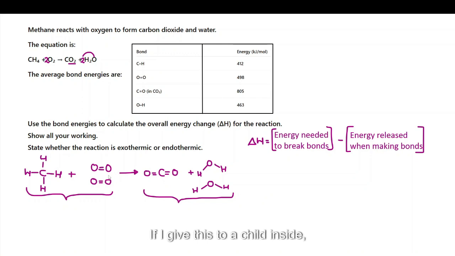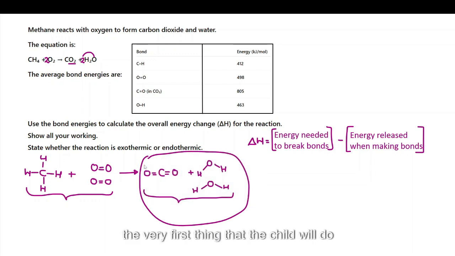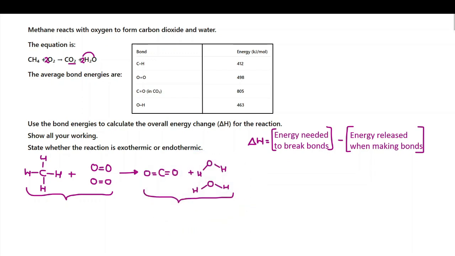If I give this to a child and say, can you make this using what I've given you? So obviously, the very first thing that the child will do is break all of these existing bonds. The child will break all of these things because he or she now knows I need to change it. So that's exactly what happens in a chemical reaction.